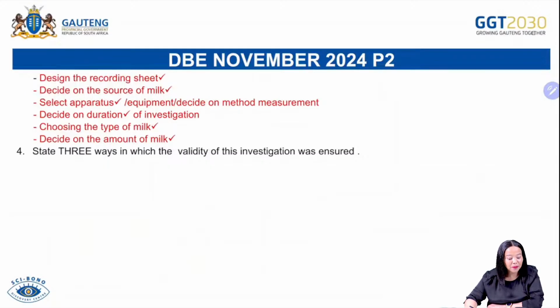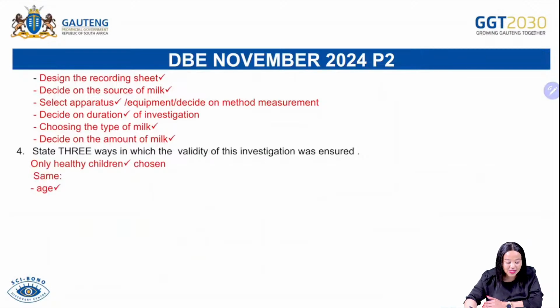State three ways in which the validity of this investigation was ensured. What is it that the investigator did to ensure that these results are valid? Remember, only used healthy children to ensure that this investigation is valid. And remember, I said when it comes to validity, we are looking at same this, same that.